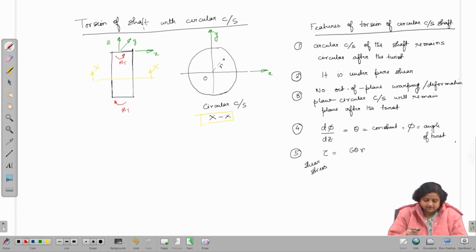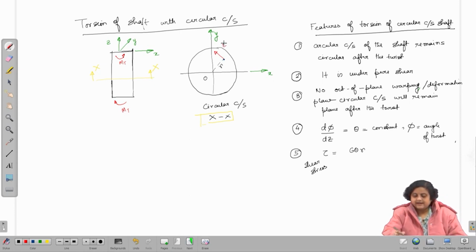Let me draw the shear stress. The red one is the shear stress, and as we have discussed, the shear stress is equal to G theta into small r, r being the distance of the point P from O.